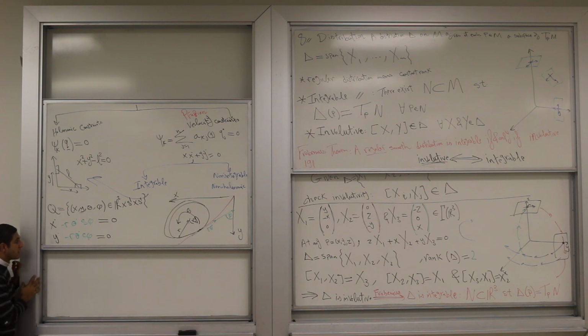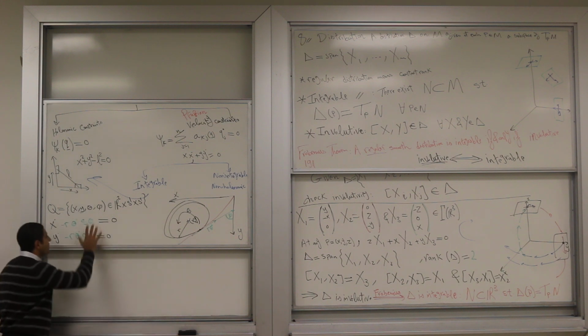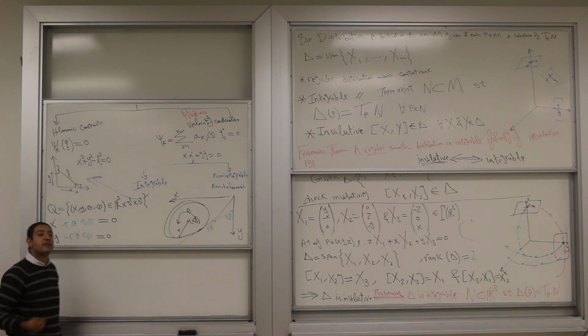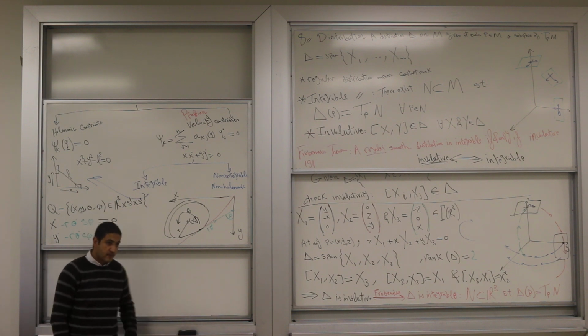The other 2 velocities are dictated because of these 2 constraints. Correct? The question is, can you use these 2 constraints to eliminate 2 of the degrees of freedom so that you are living on a reduced dimensional space? Okay?